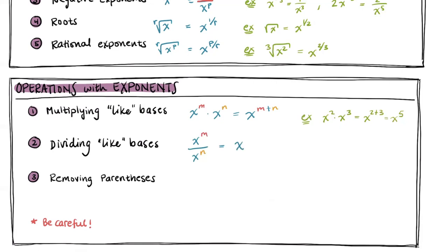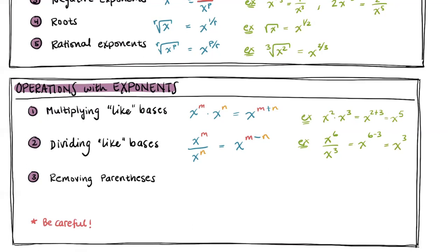The number of x's left over would be the exponent m on top minus the number on the bottom. So x to the m minus n. For a quick example, if we have x to the 6th over x to the 3rd, it's the upper exponent 6 minus the lower exponent 3, and so that gives us x to the 3rd power.